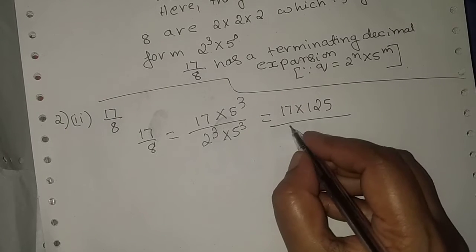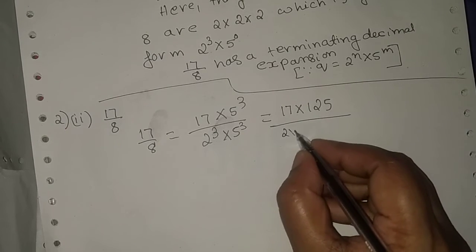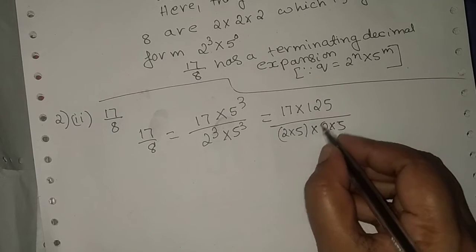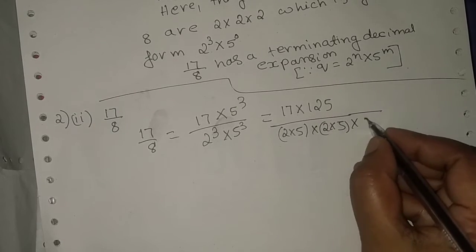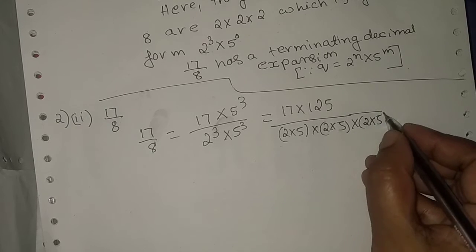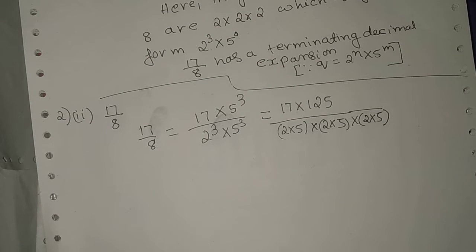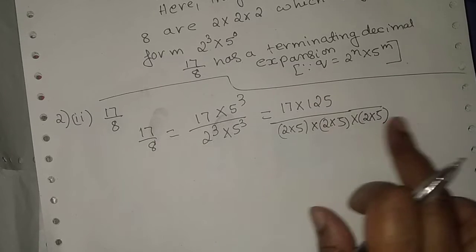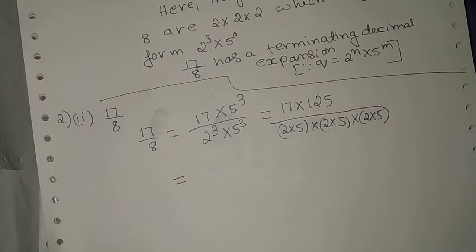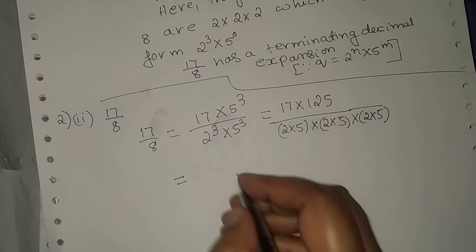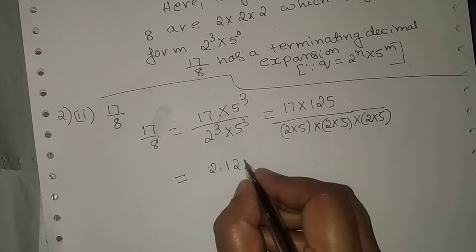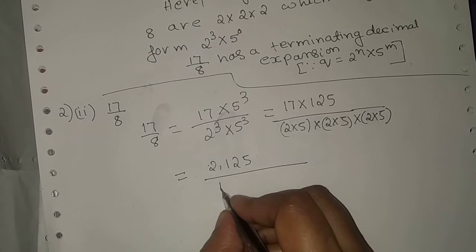By, then this will become 2 into 5 into 2 into 5 into 2 into 5. So next is this one. After this, multiply the above part, we will get 17 into 125, that means 2125, divided by how much?